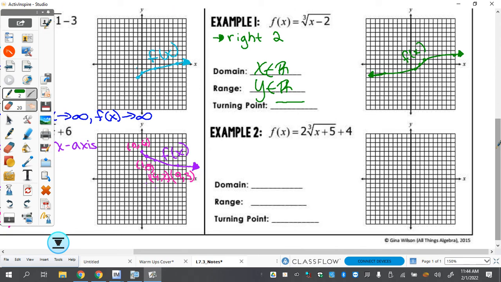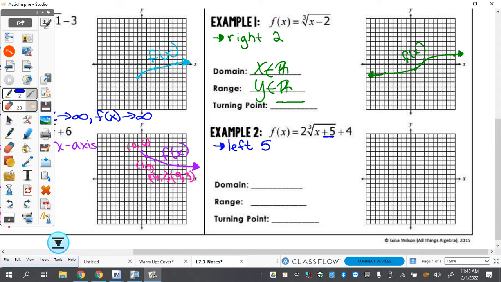All right, example 2, we have 3 transformations this time. Let's see if you guys can remember the order. Which one happens first? Remember, it's the one closest to x is what happens first. Yep, horizontal movement.